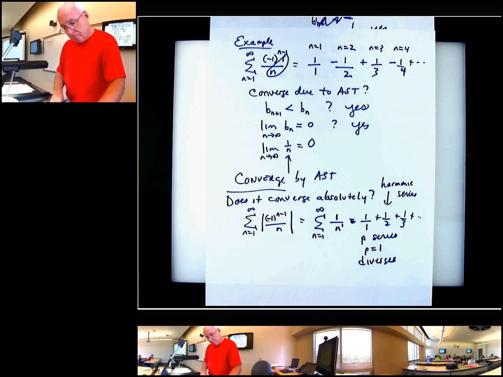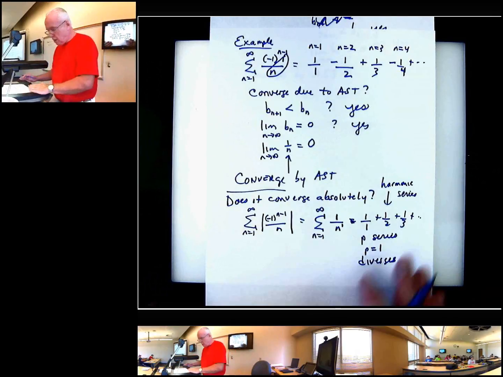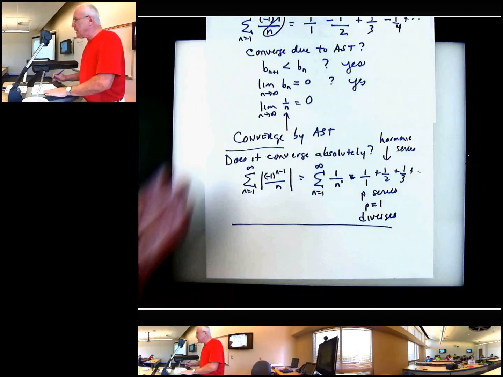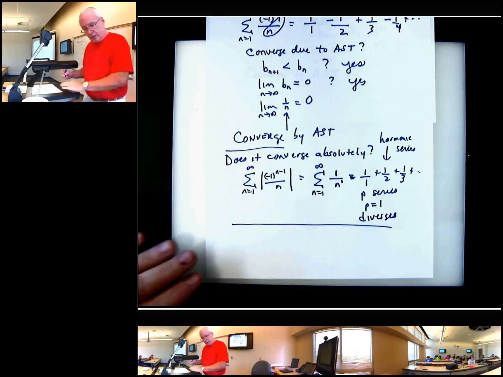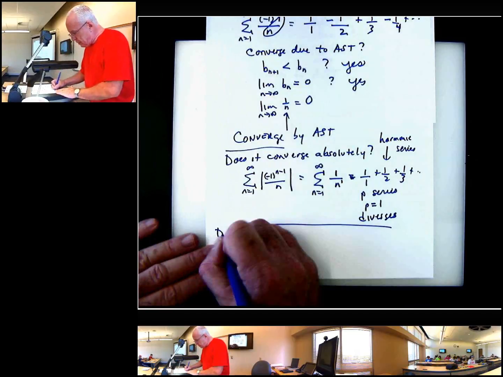Okay. There's a name for this kind of series. If something just converges without doing any absolute values, but when we put absolute values on it, it doesn't converge, it's called conditionally convergent. That's that second thing that I had listed up there. So let me put this definition down here.